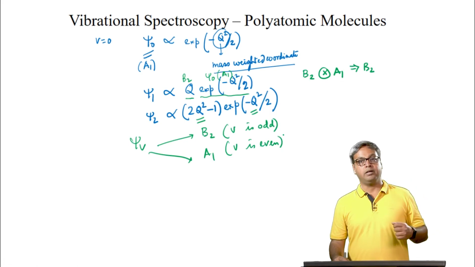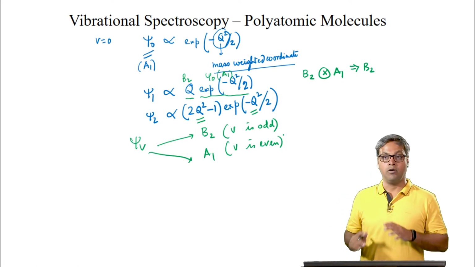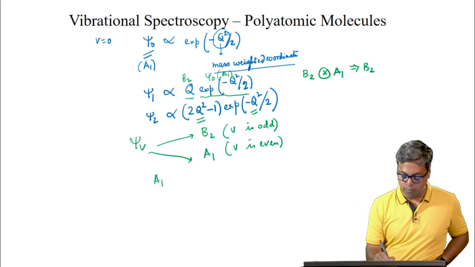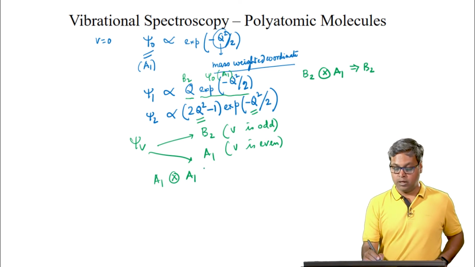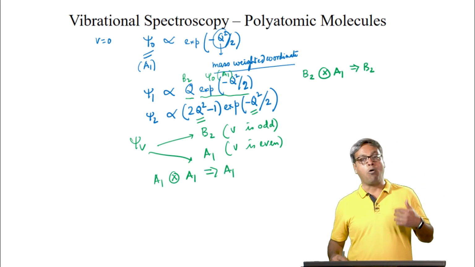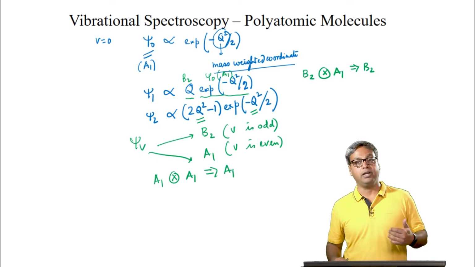The bend and the symmetric stretch both have A1 symmetry, and since A1 times A1 is also equal to A1, all their states have A1 symmetry.